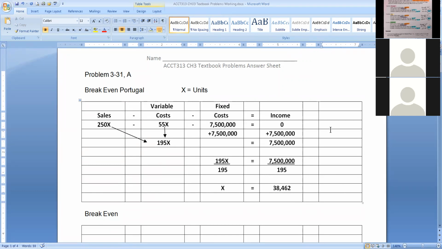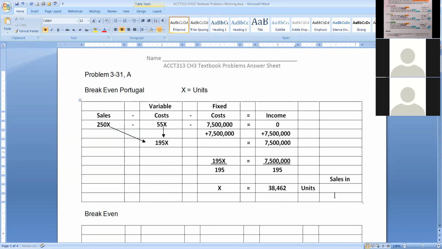Okay. So this would be the units, and in dollars we would have 38,462 times each one selling for 250. That's the selling price.